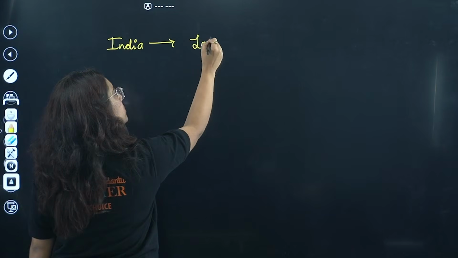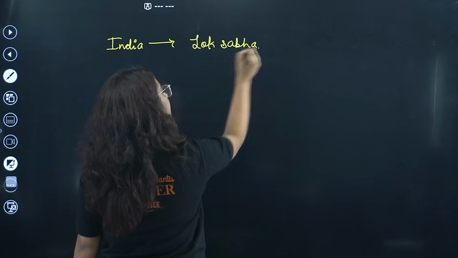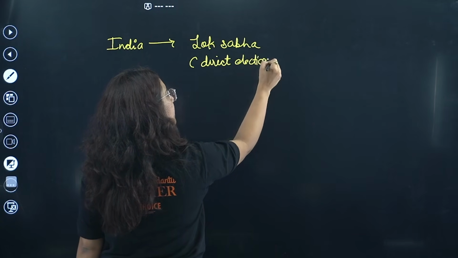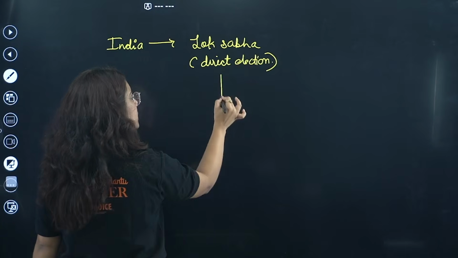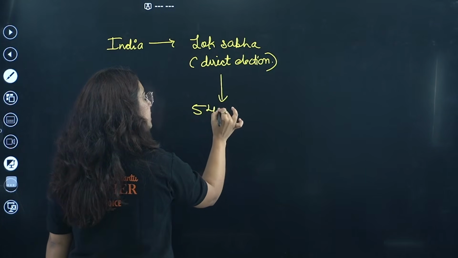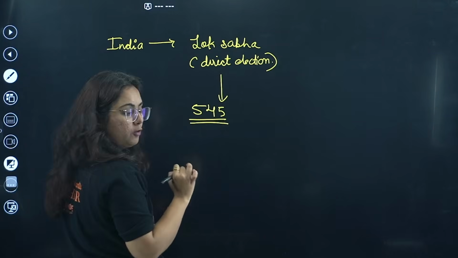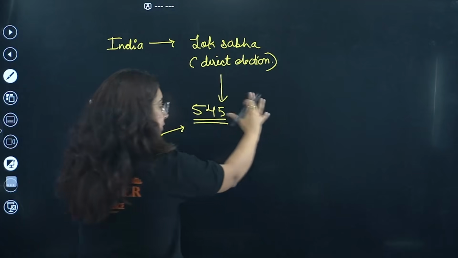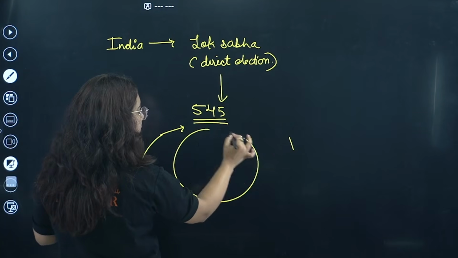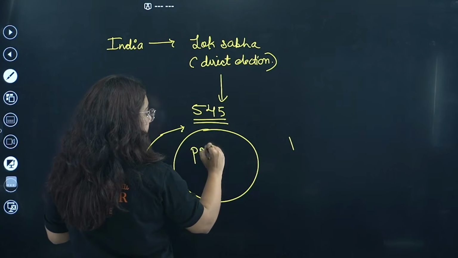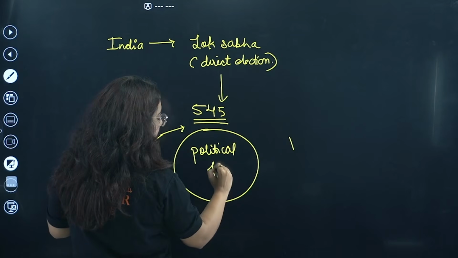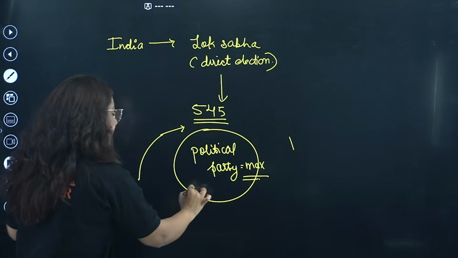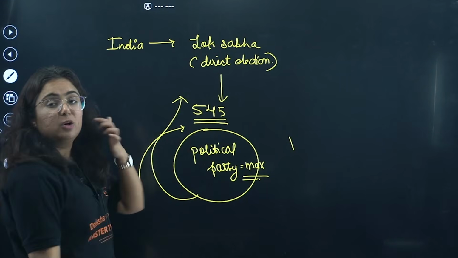The Lok Sabha, for which direct elections are organized. For these direct elections, we divide the country into 545 constituencies. People vote for their constituency, and after that we see which political party gets the maximum votes, and then according to the proportion we allocate them the seats.